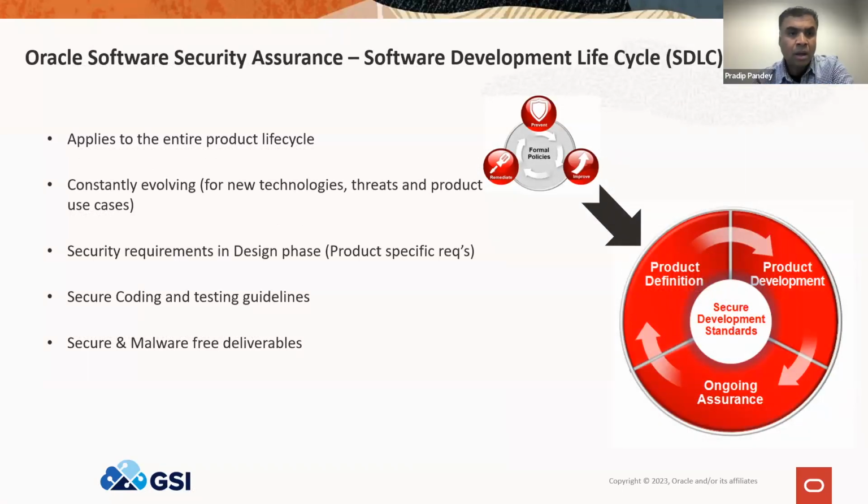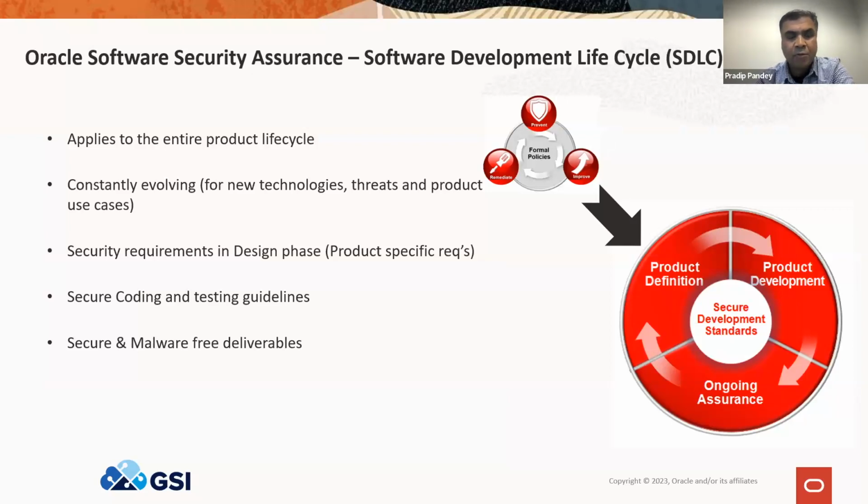Yep. Again, continuing on that, we are applying the OSSA process for the entire software development lifecycle for JD Edwards product development. So it applies to the entire lifecycle. It's evolving constantly to keep up with new technologies, new threats, and new product use cases from a security perspective.